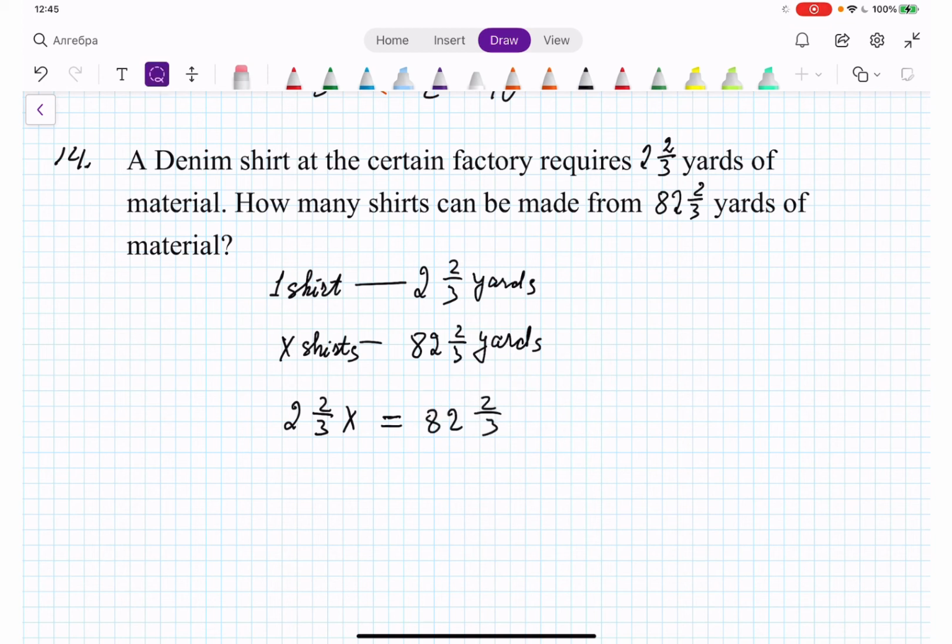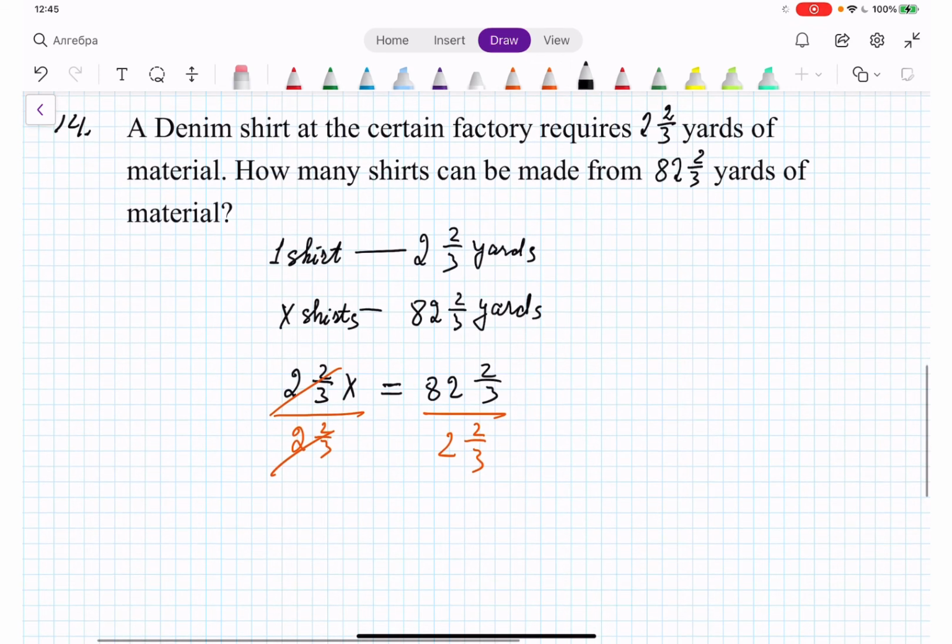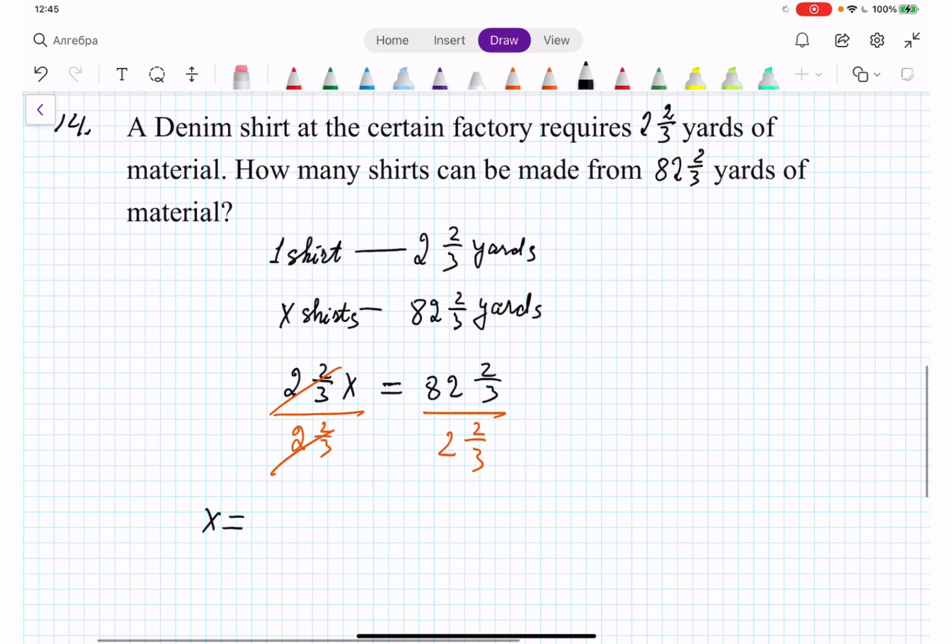And from here, x is equal. So I need to get rid of the coefficient of x. I have to divide by 2 2/3 and divide by 2 2/3, right? This is gone. And my x is equal 82 2/3 divided by 2 2/3.